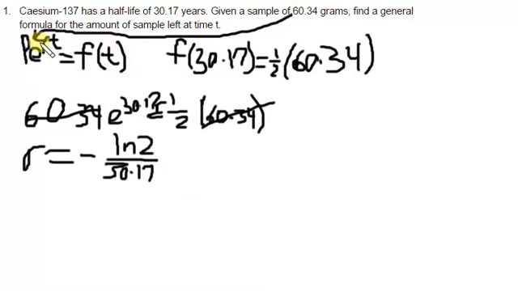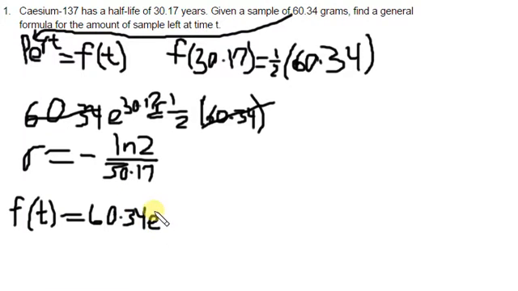We can plug this into the original formula along with the initial amount or principal to get the general equation: the amount of sample left at time t is equal to 60.34 times e to the negative natural log of 2 over 30.17, all times t.